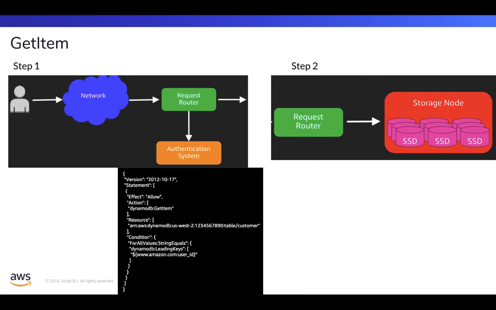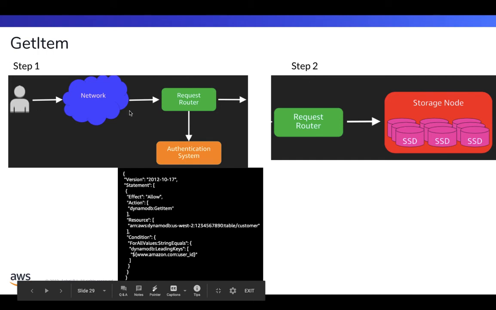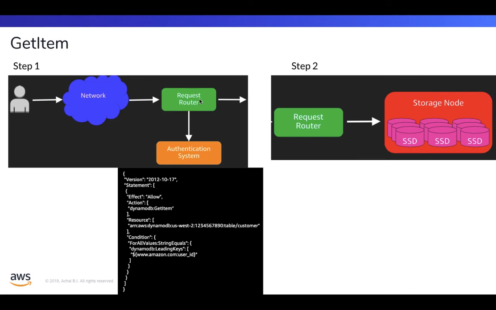So let's deep dive quickly into how the items are stored and how DynamoDB is structured. As and when you request a get item within the network, it reaches the request router. Request routers are stateless entities, so they check your policy and run it through the authentication system.